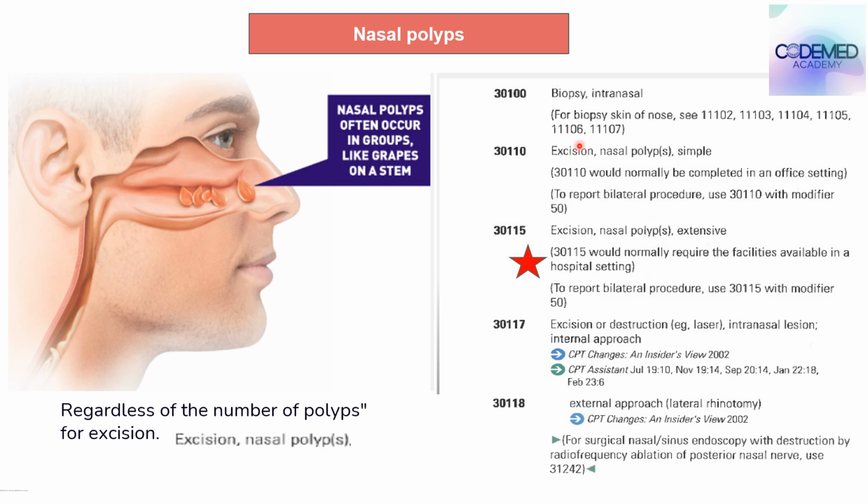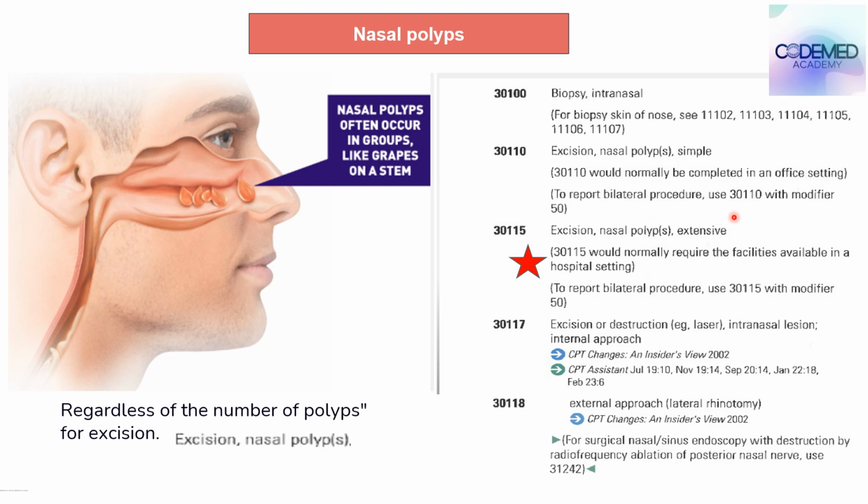The important thing here is, if you read the language of this code, you can use this code for the single polyp or the multiple polyps, but I will use this code only once. And remember, these codes are unilateral, especially this code and this code, and that's why I see this parenthetical note.